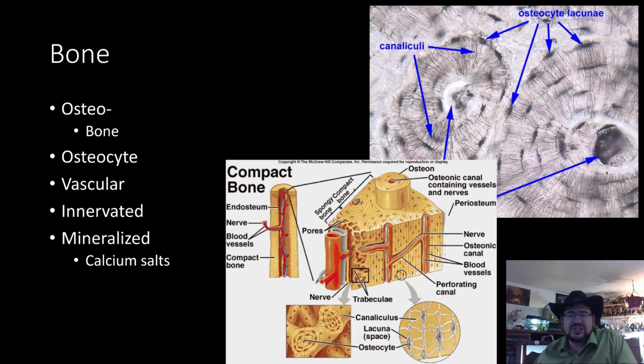But that rigid shape of the bone is brittle on its own. So in addition to the calcium salts, which is why we say our bones have calcium in them, we also have significant amounts of collagen. And that collagen is providing strength to the bone so that it is no longer brittle.